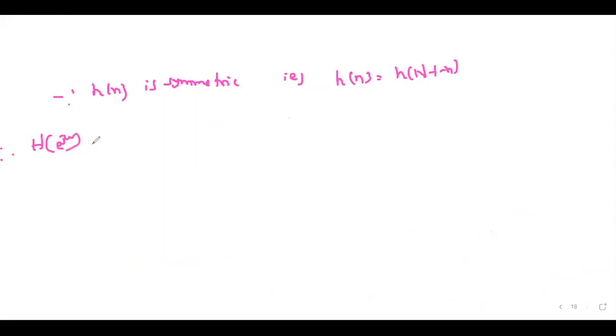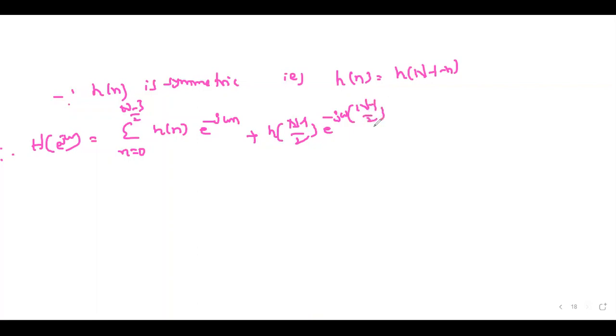Therefore, since h of n is symmetric, the previous equation can be written as summation n is equal to 0 to (N minus 3) by 2 of h of n e power minus j omega n, plus h of (N minus 1) by 2 e power minus j omega of (N minus 1) by 2, plus summation n is equal to 0 to (N minus 3) by 2 of h of n into e power minus j omega of N minus 1 minus n.